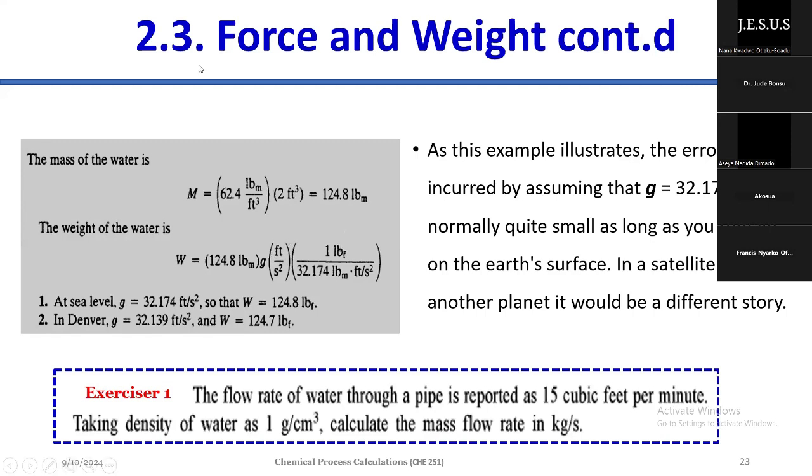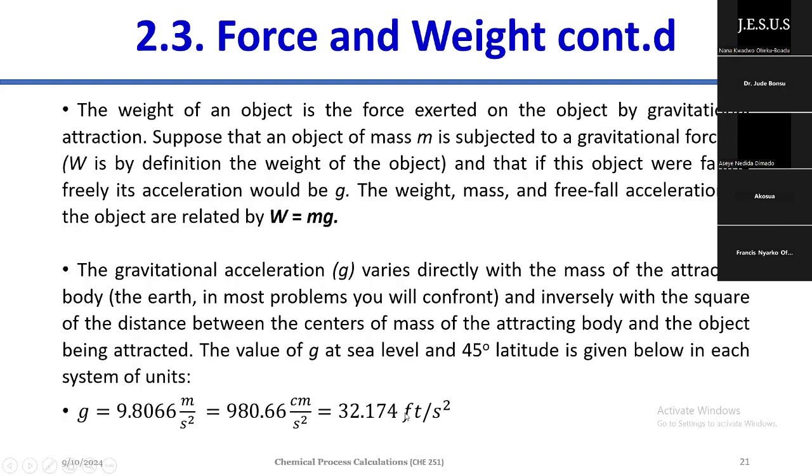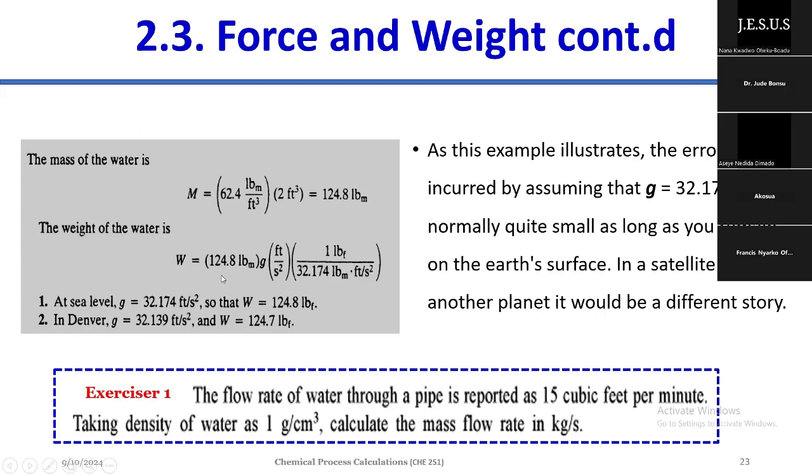Our mass m multiplied by our gravity, which we are calling g, gives us our weight. And g in feet per second squared is 32.174. So 124.8 times 32.174 gives us pound mass feet per second squared.